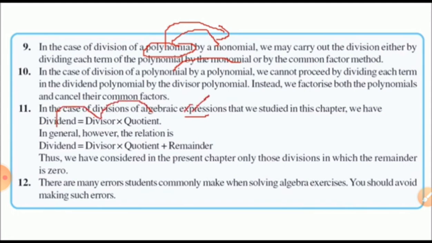So, dividend is equal to divisor into quotient. In general, however, the relationship is dividend is equal to divisor multiplied by quotient plus remainder. Thus, we have considered in the present chapter only those divisions in which the remainder is 0.